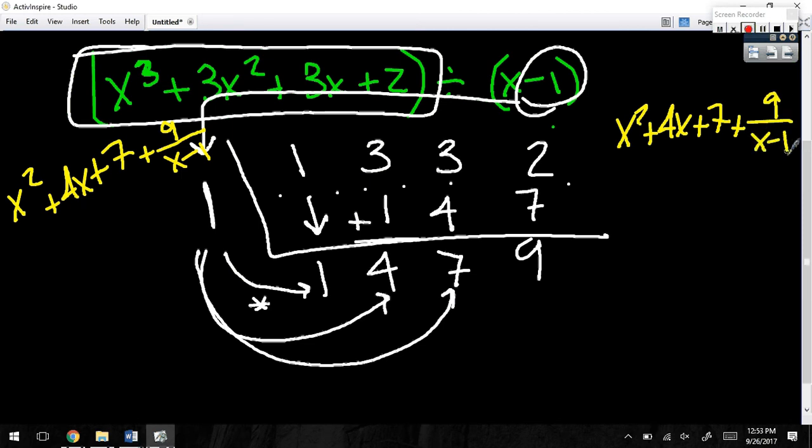Can you see a relationship in the synthetic division and the actual answer you got? What is it? Catherine said they're the coefficients.